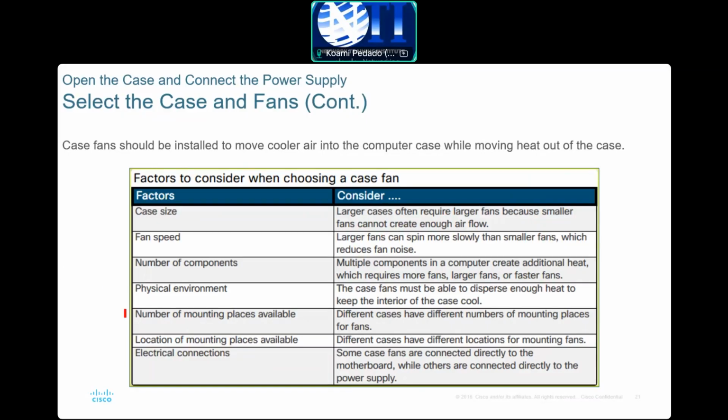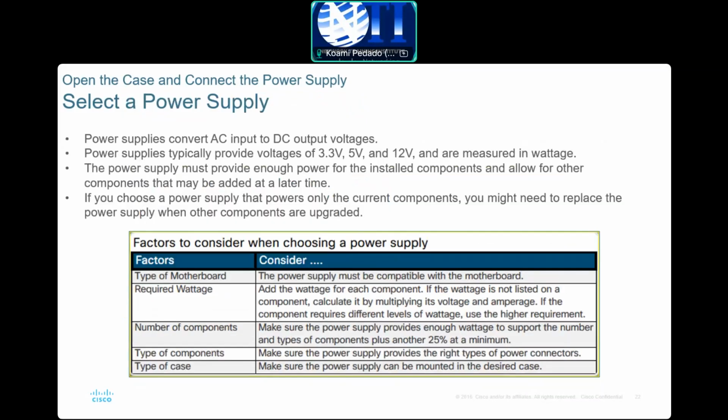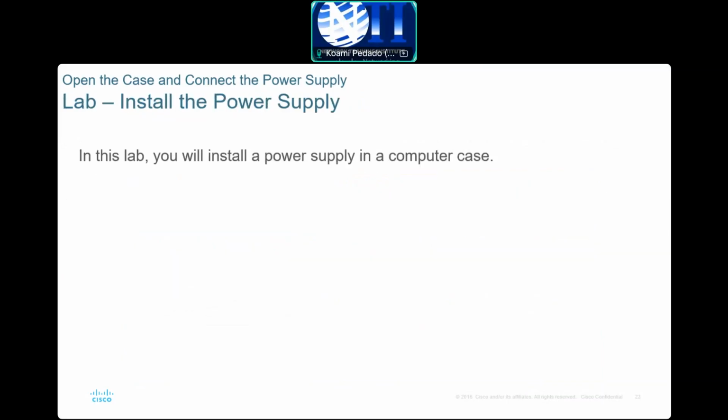The speed also matters for the fan. For the type of power supply, select the required power supply that you need and put it inside. We did how to install that last time in the virtual lab. They will do it on the real one, so you will see it too.